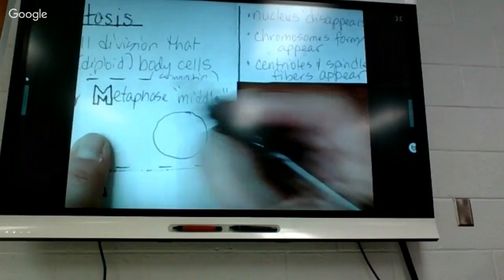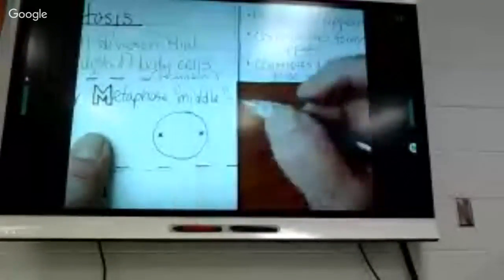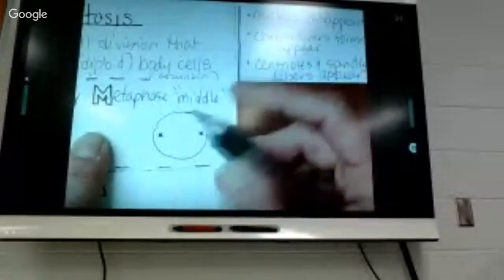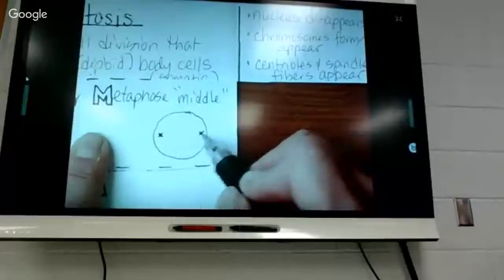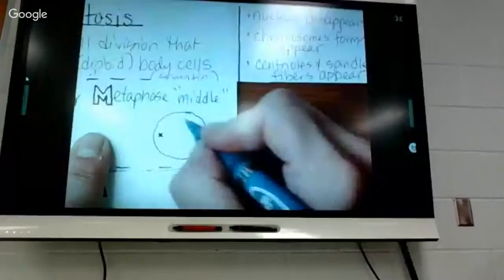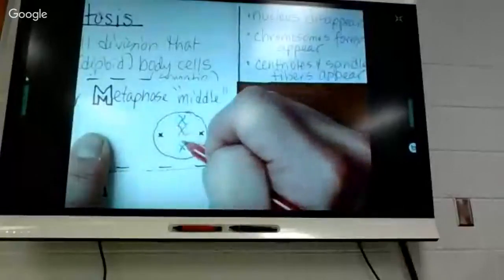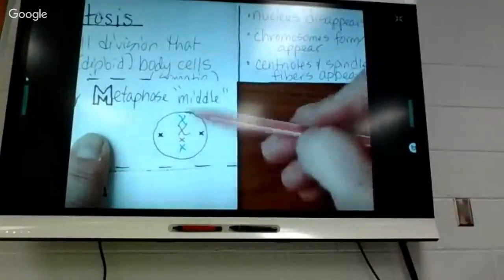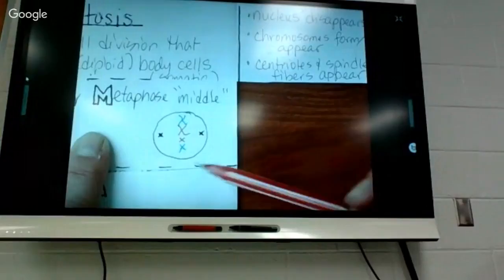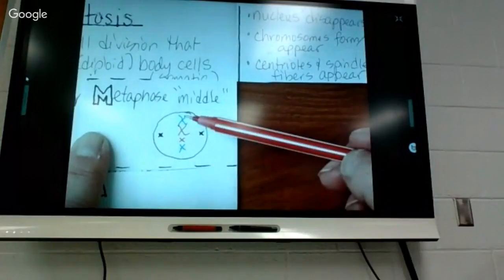So these little centrioles are over here like this, but they have lassoed the chromosomes and pulled them to the center of the cell. So you're going to put your chromosomes, here's my blues, and they can be in whatever order, it doesn't matter. So if we had all 46, they'd all be lined up.